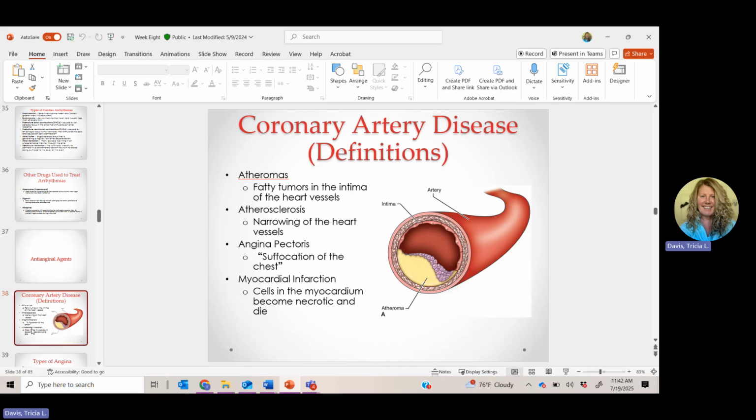Patients can develop atherosclerosis, which is where the vessels become narrow and the pressure increases and we can't get the blood flow through as easily as we used to. Angina pectoris is suffocation of the chest, but that is your chest pain, angina. And patients can also develop a myocardial infarction, which is where the cells of the myocardium, the heart, become necrotic and they die because they're not getting blood flow anymore.